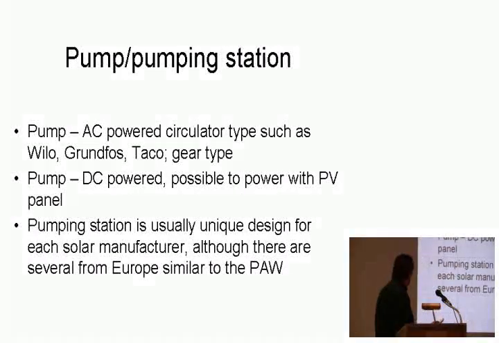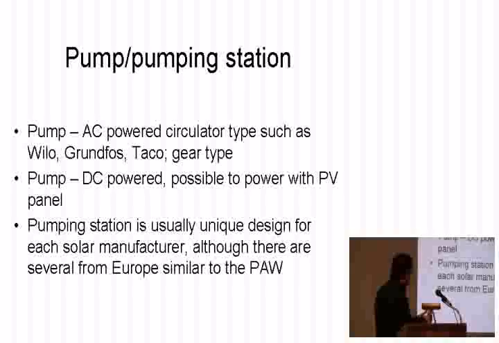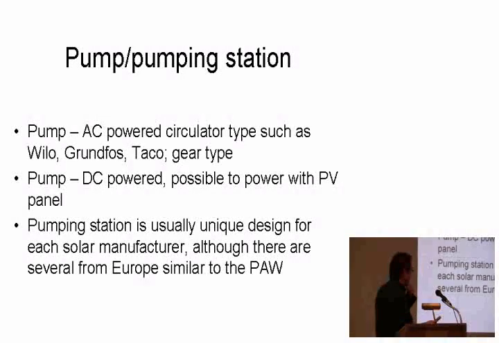You have your pumping station, which contains your pump. There's different types of pumps. Commonly, the circulator pumps, which are used in the forced type of systems, are Grundfos, Taco, and a Wilo type of pump. There's also a gear pump. It is possible to have an entirely PV powered DC type of pump as well.